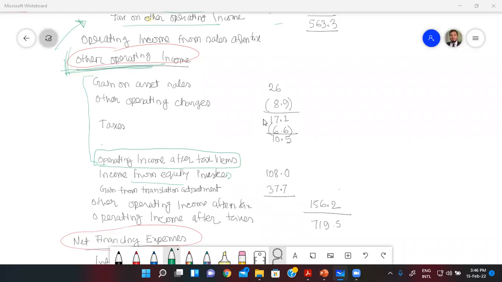If it is investment in debt securities, will it appear in the other operating income or will it appear in the financing item, or financing income, or net finance part? What do you think?